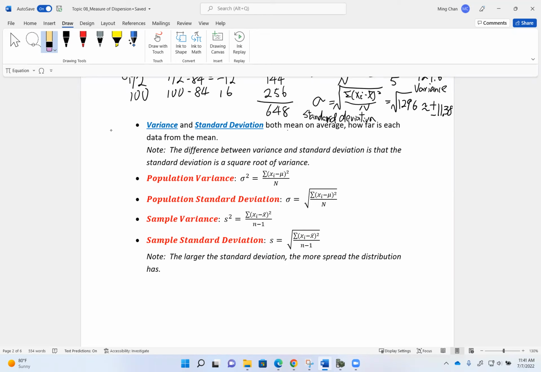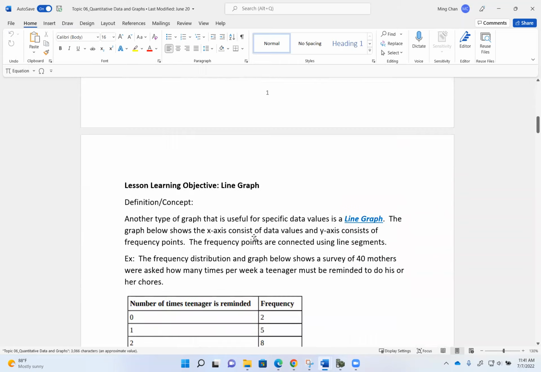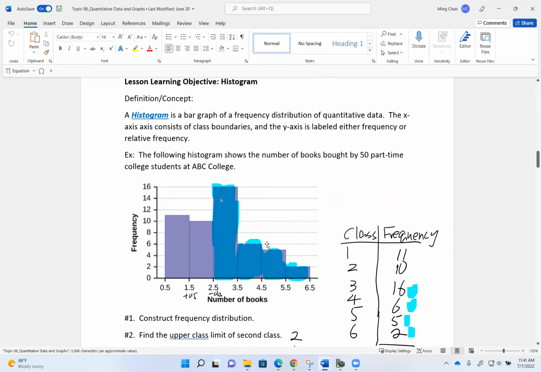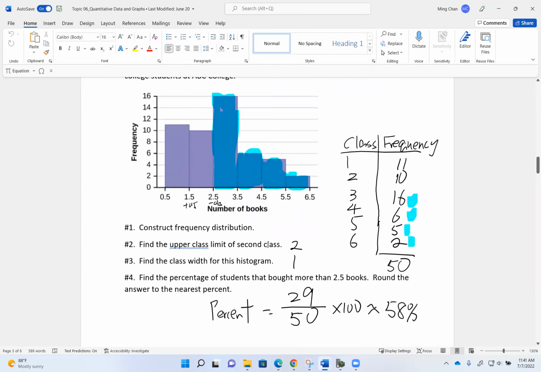Let me go back to our previous topic, I think topic number 6. At the end of topic number 6, we talked about the distribution.